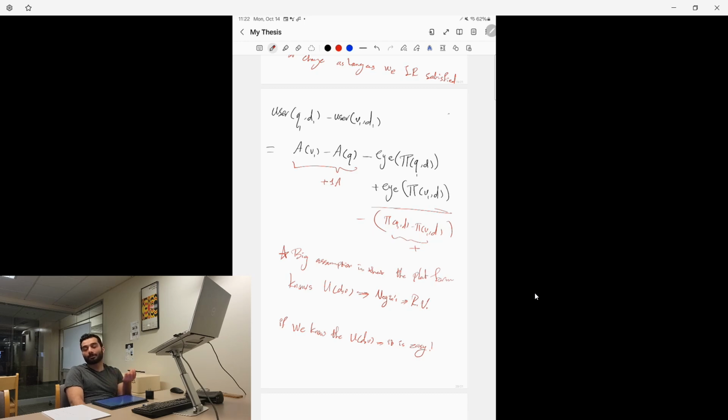And we know that platforms do not know, users do not know which item is the best. So U is random. Actually, Negin's paper was assuming that these random variables are very random.